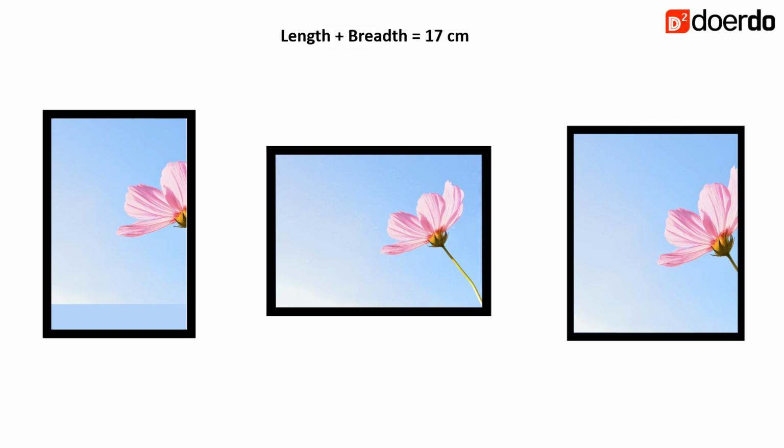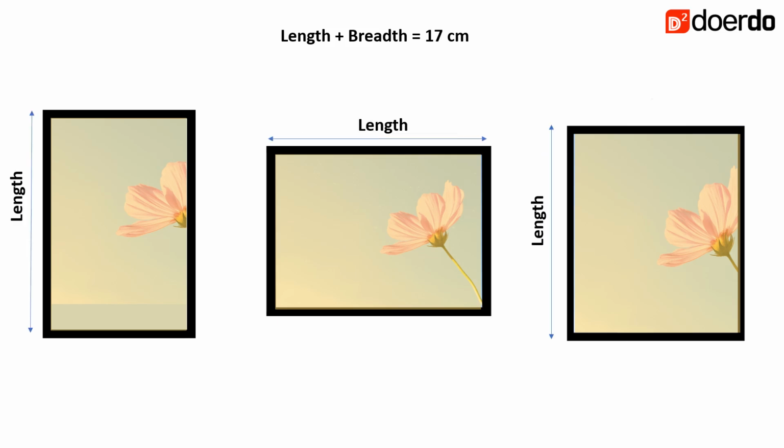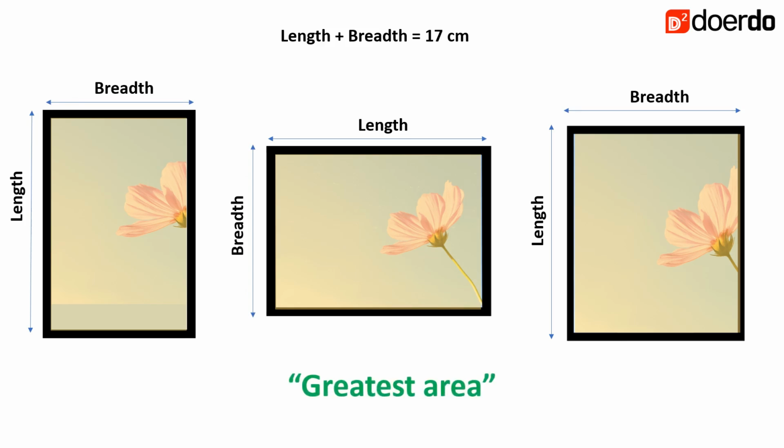For the given perimeter value, the area of the rectangle will vary, depending on the measurements of the length and breadth. But the perimeter will remain the same, irrespective of the length and breadth. Thus, we need to find for which measurements of length and breadth we will get the greatest area of the picture. We should stick to the condition that length plus breadth should be equal to 17.